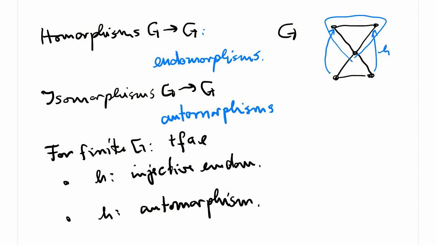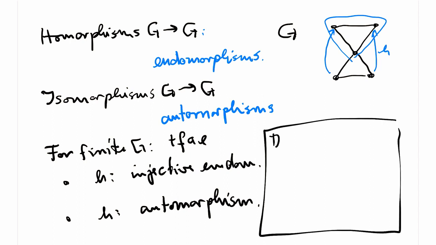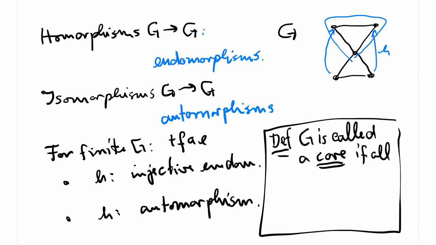In this case, we call G a core. So here comes the definition, important, in a box. G is called a core if all endomorphisms of G are injective.